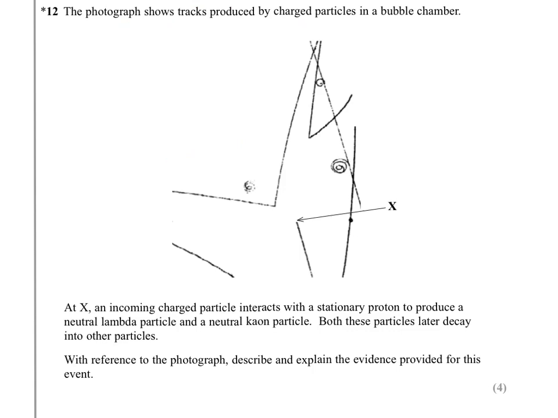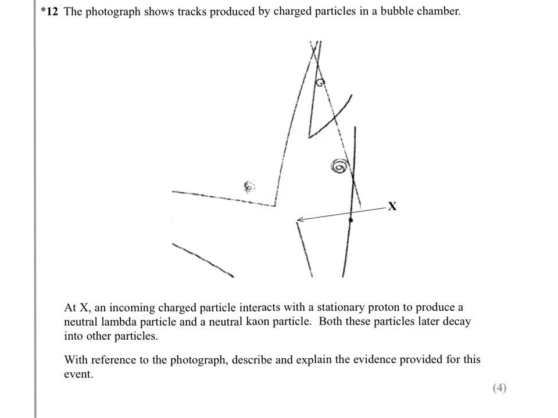Okay, so the main thing here is the fact that this track just stops. Neutral particles do not cause ionization, and so they will not show a trail in the bubble chamber. Secondly, when a neutral particle decays into other particles, you will find pairs of oppositely charged particles, and that appears to be what's happening here and here.